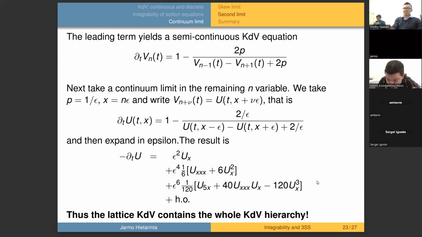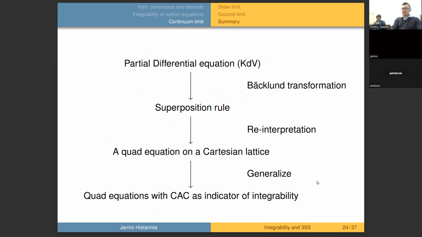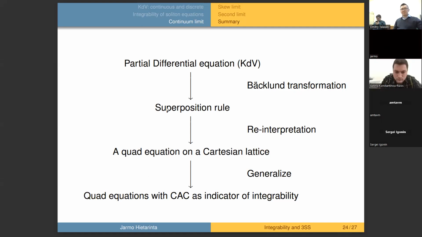Anyway, in a way we have now made a round trip here. We started with a partial differential equation, the KdV equation in the potential form. Then we took a Backlund transformation; Alquist and Estabrook used the Backlund transformation to construct the superposition rule.